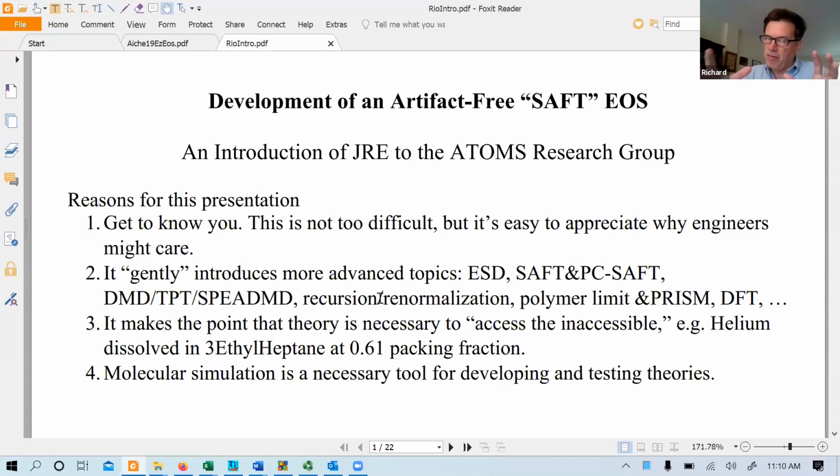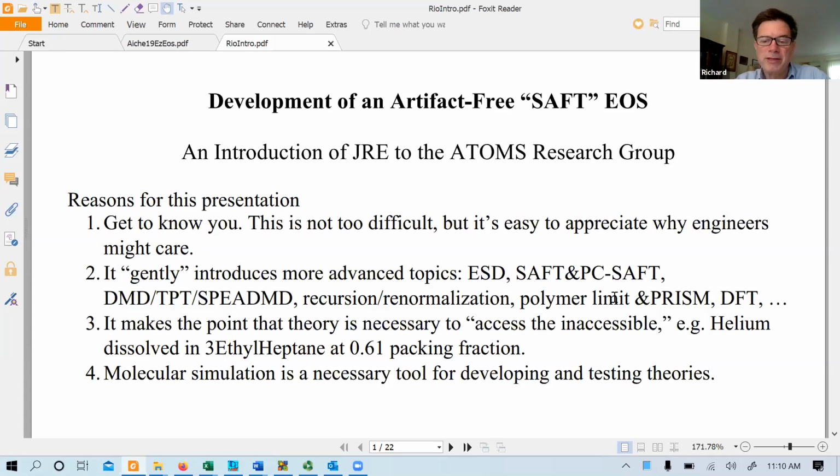But there are underlying recursions and renormalizations in that perturbation series that if we could extract those and put them in a more compact renormalized form, then we would have a much better physical understanding and a much more practical engineering equation. So that's what I mean by recursion and renormalization.